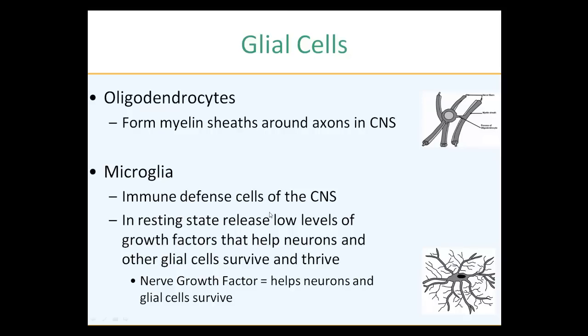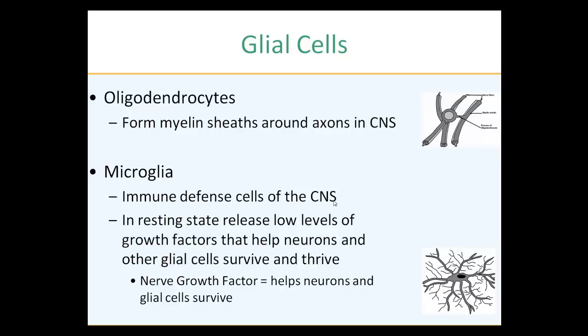These are the immune cells of your central nervous system, but they also release low doses of growth factors that help the neurons survive. And the person who discovered this nerve growth factor got a Nobel Prize for this. You need to remember that your nerve cells last all your life.